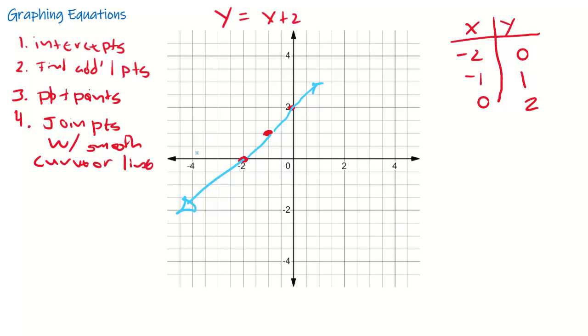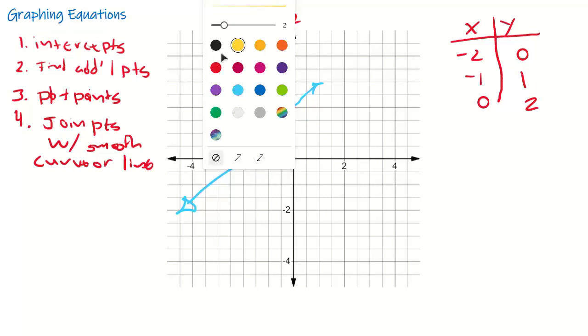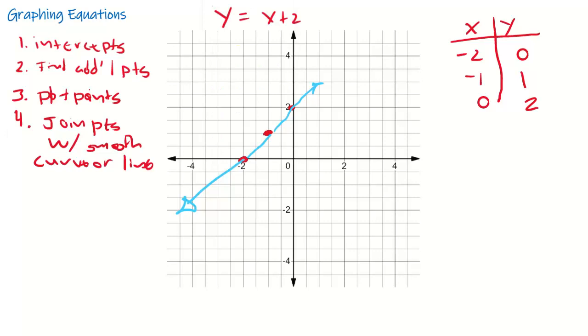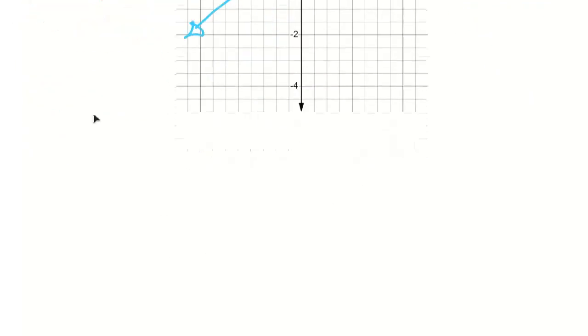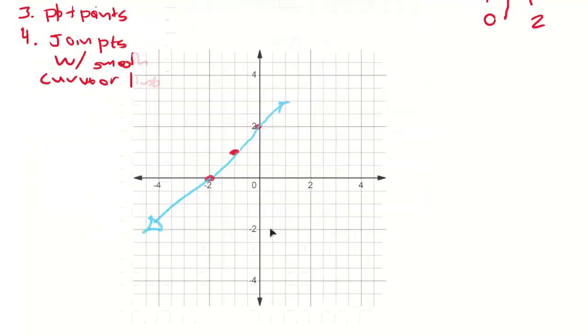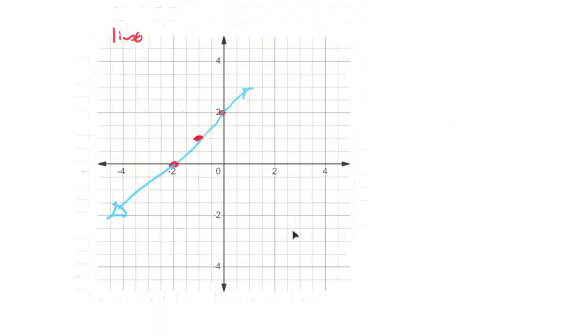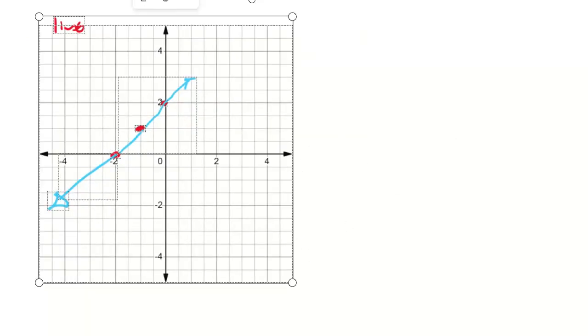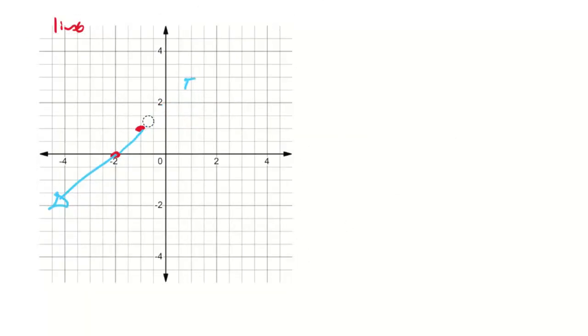Let's say we wanted to try this with another type of equation. Let's clean this up a little, and say that we have the equation y equals x squared plus 1.